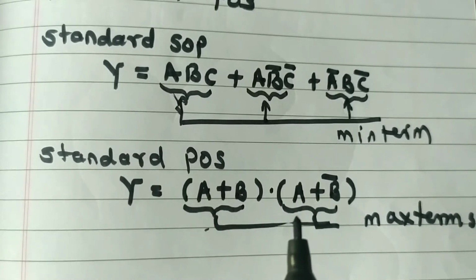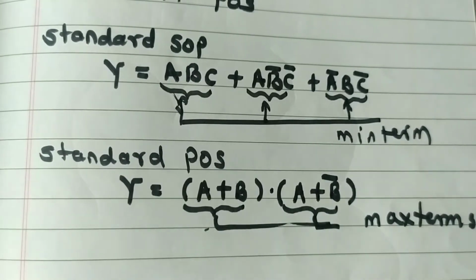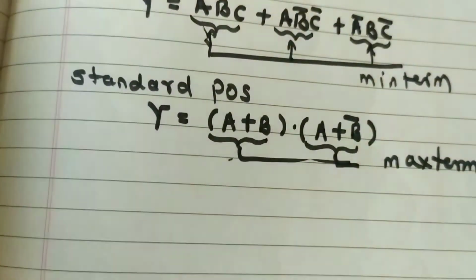Now we see the minterms and maxterms for three input variables, and how we can represent them. Consider the truth table.